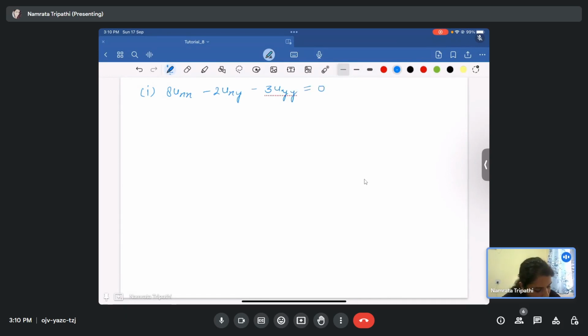So here this is A, this is B, and this is C. B square minus 4ac is equal to 4 plus 4 into 8 into 3, because I have already multiplied the minus. So this is greater than 0, isn't it? That implies the equation is hyperbolic.